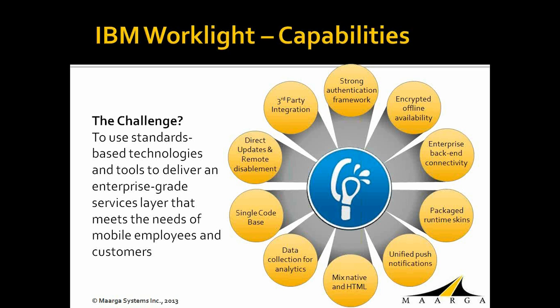So, moving on, we'll quickly take a look at what WorkLight can do. Now, the challenge for any enterprise these days is to use standards-based technology and tools to deliver an enterprise-grade services layer that meets the needs of the customers and employees. Now, some key WorkLight capabilities that help meet this challenge start with ease of development.